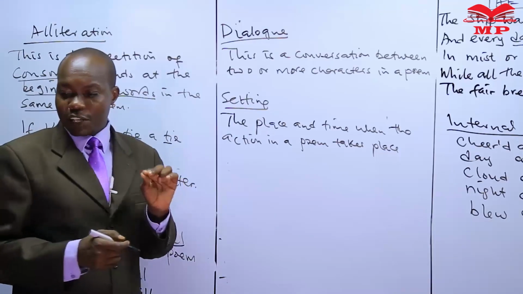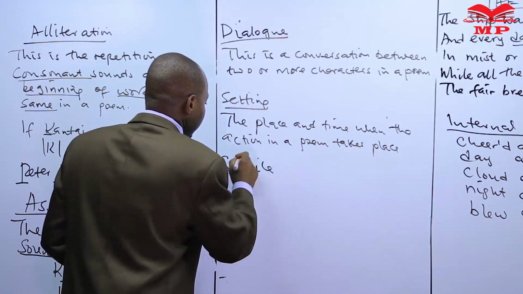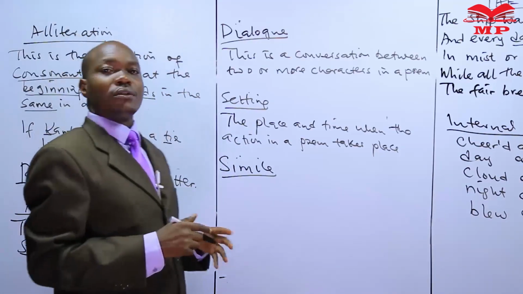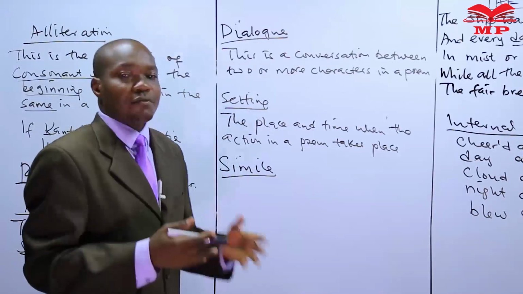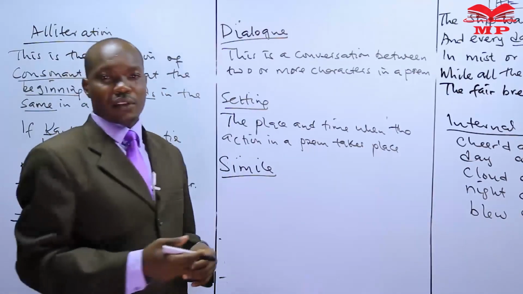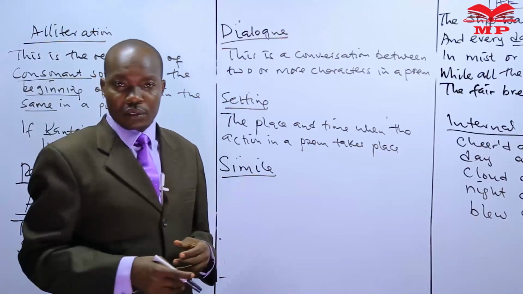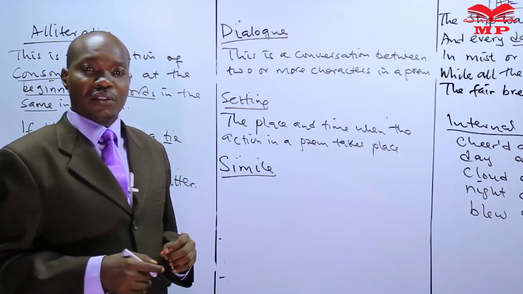Another common style is called simile. I'm sure while you were in primary school you had similes, like you are told, as fast as a cheetah. You have heard of such statements. As slow as a chameleon. As brave as a lion. So those are similes.